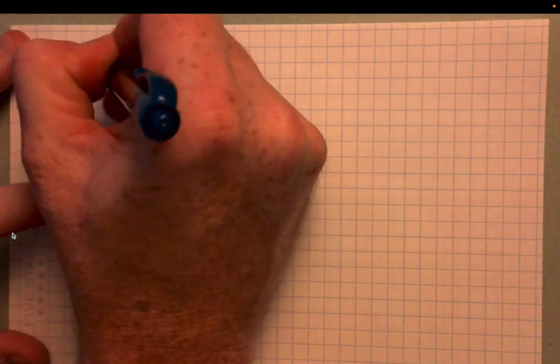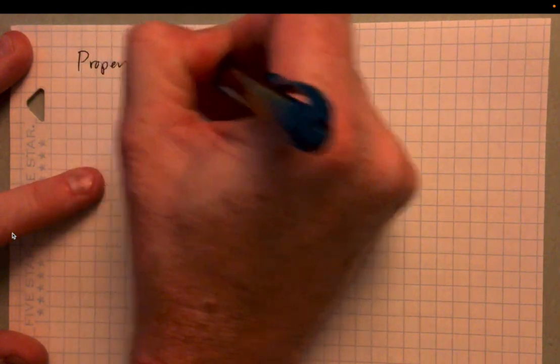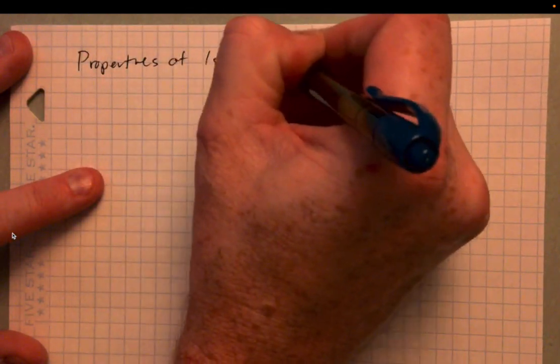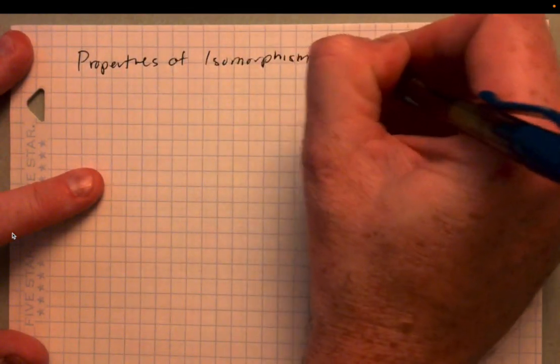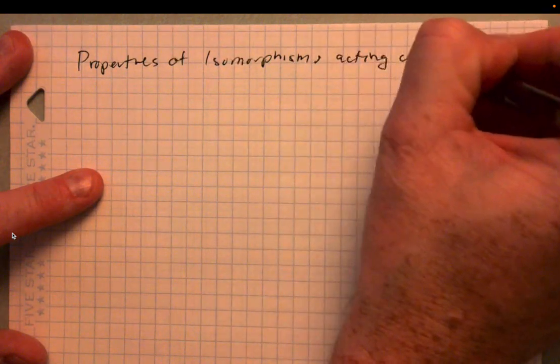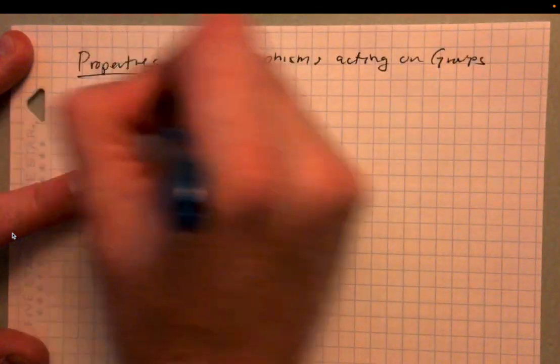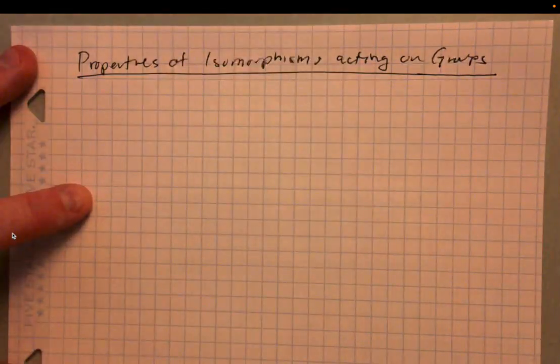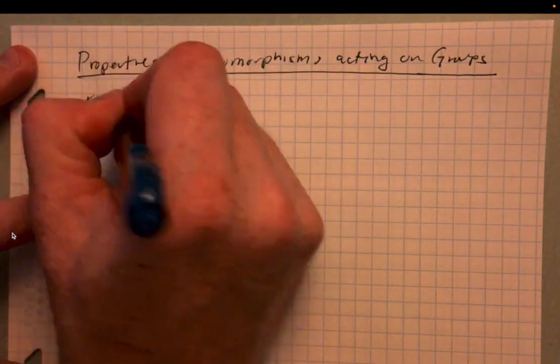All right. So that was a list of properties of isomorphisms acting on elements. Let's talk next about properties of isomorphisms acting on groups. Okay, so the theorem is as follows.